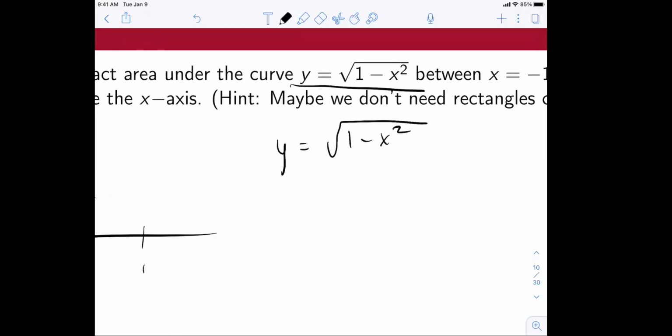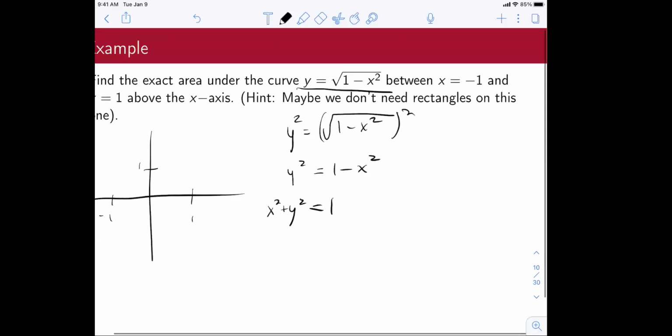Okay, so if I square both sides, I get y squared equals 1 minus x squared. And then if I add x squared to both sides, I get x squared plus y squared is equal to 1. And what's that the equation of? Yeah, that's the equation of a circle with radius what? Radius 1, perfect.